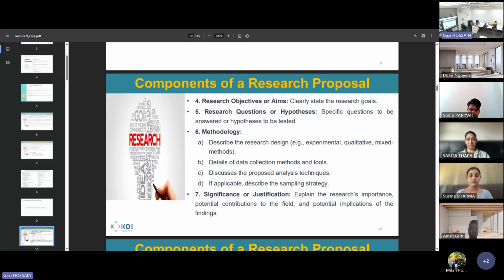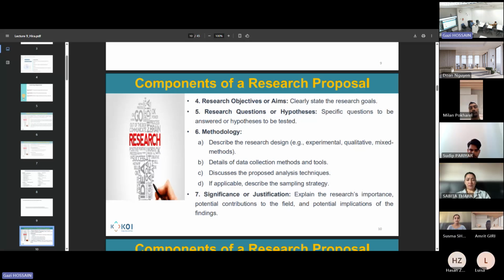Research questions and hypothesis. If it is quantitative methodology or quantitative research, then we need to have the hypothesis.